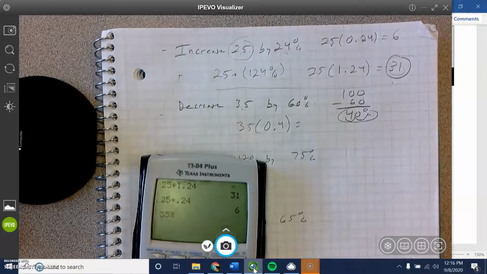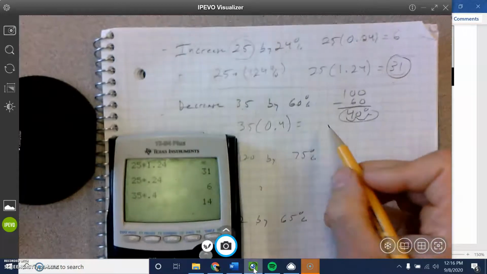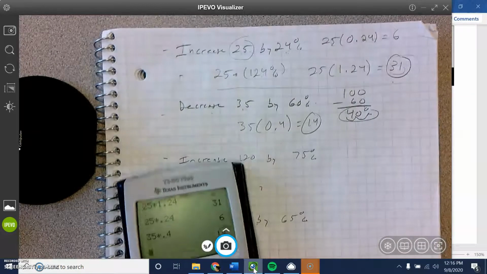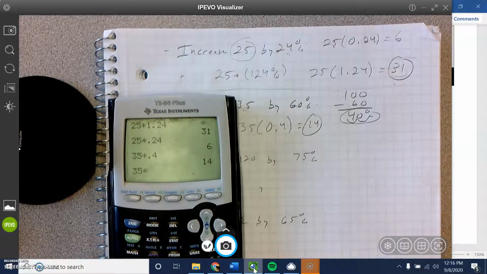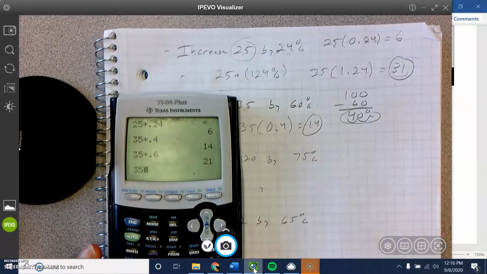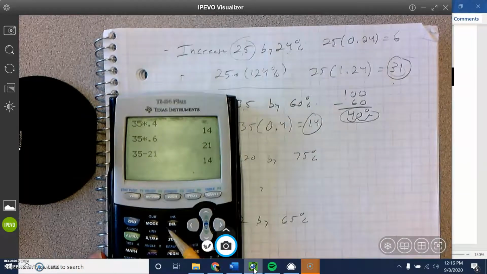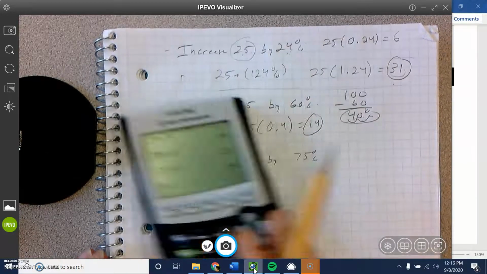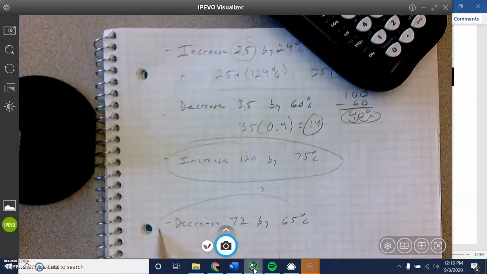So 35 times 4/10, and that is 14. Boom, got it. Cool. If I want to do this, 35 times 60%, which is 21, and then 35 minus 21, I would have got 14 also right here. Same thing.